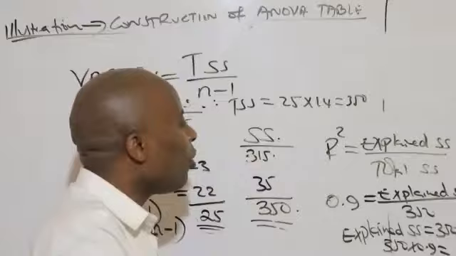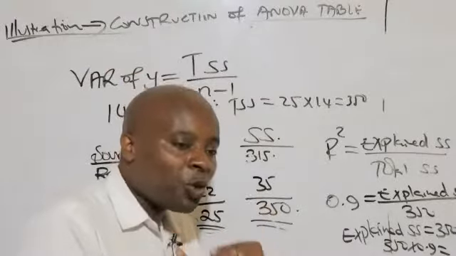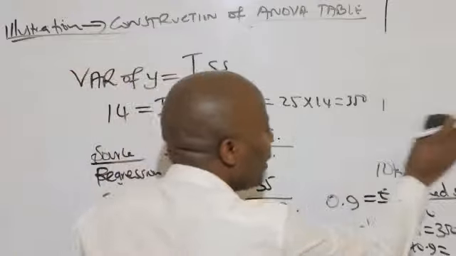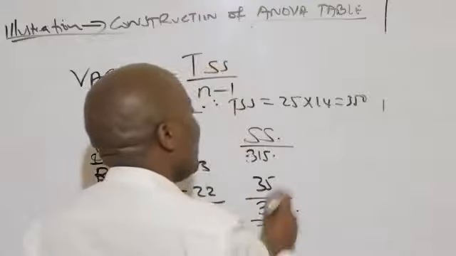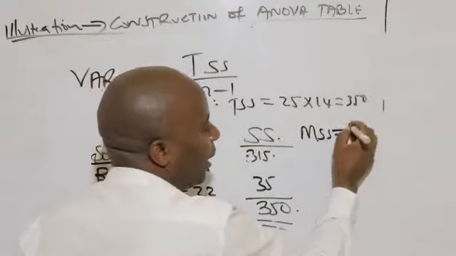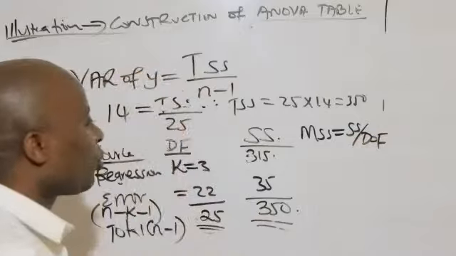Of course, in the ANOVA table, after you give me the SS, the next thing will be for me to average that and give you the mean sum of squares. This will be SS divided by the degrees of freedom.